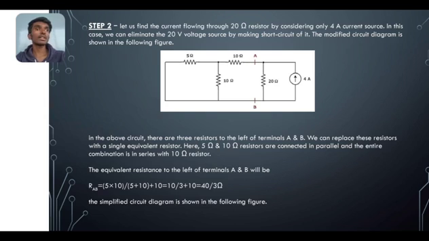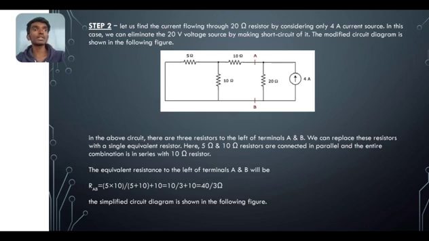The equivalent resistance to the left of terminals A and B will be R_AB is equal to 5 into 10 divided by (5 plus 10), plus 10, which is 10 by 3 plus 10, which is equal to 40 by 3 ohm.